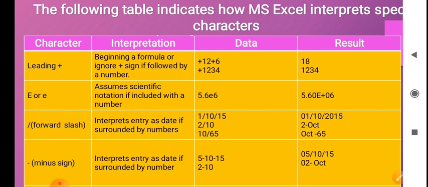So leading plus means it will not take the plus sign and the result will come as addition, that is 18. Here only the number is given, plus 1 2 3 4, no addition sign is given. So leaving that plus sign you will get the result as 1 2 3 4.